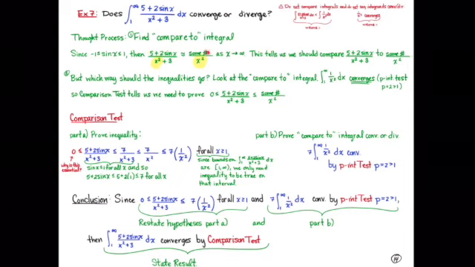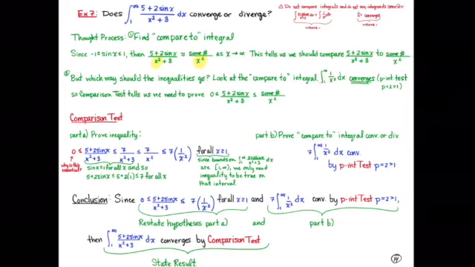A number isn't really going to change this relationship with x squared. So our compare-to thing is going to be some number over x squared. For now we don't know what that number is, but let's just say 1 over x squared. Looking at this, we have to think, does this converge or diverge?